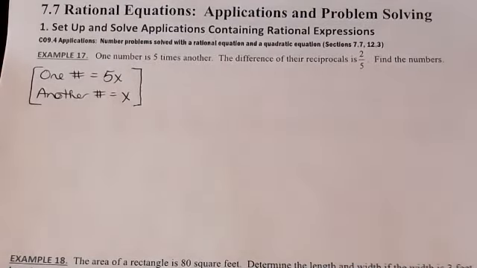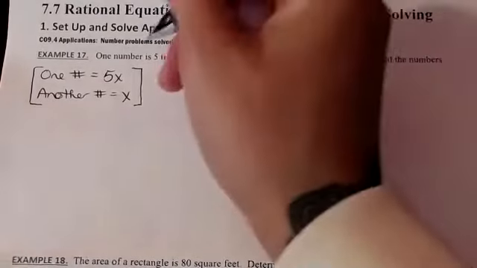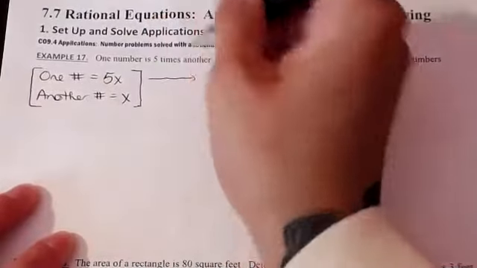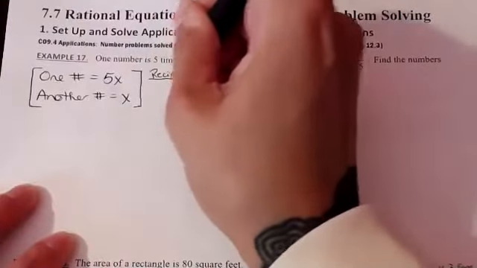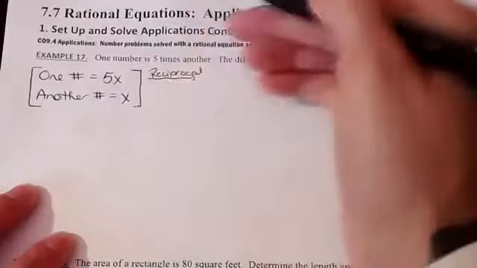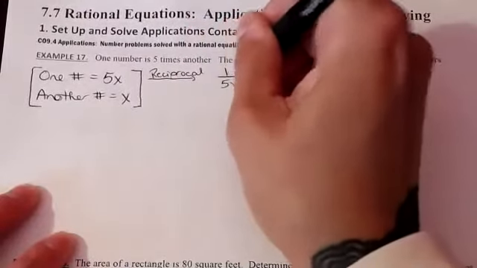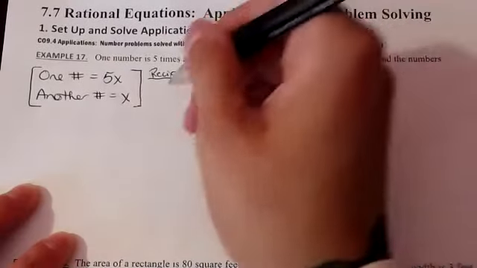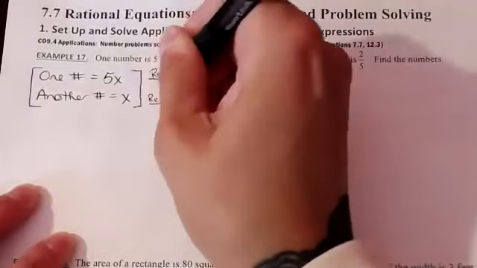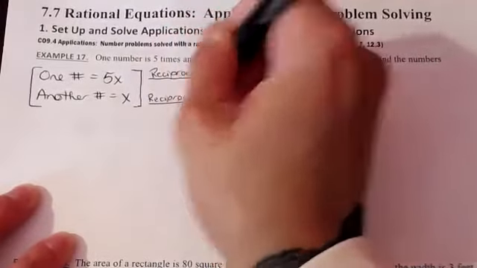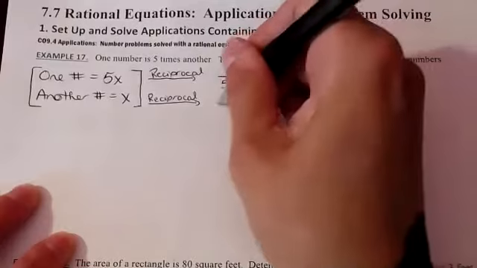Now, here's the part that sometimes makes people feel uncomfortable. Notice it says the difference of their reciprocals is 2/5. All right, let's think about this one piece at a time. The reciprocal of 5x is 1/5x. The reciprocal of x is 1/x.